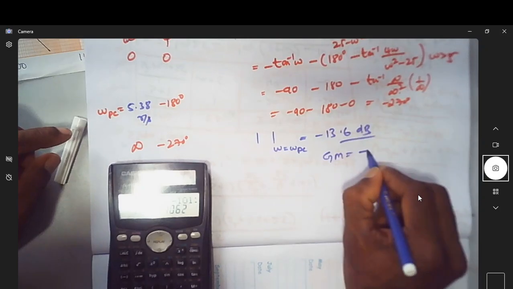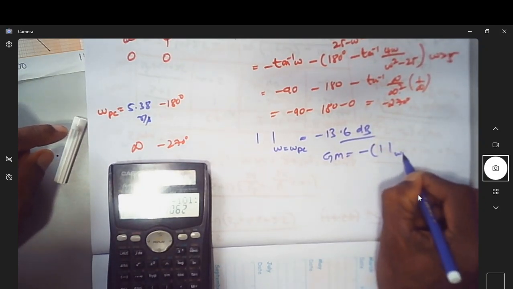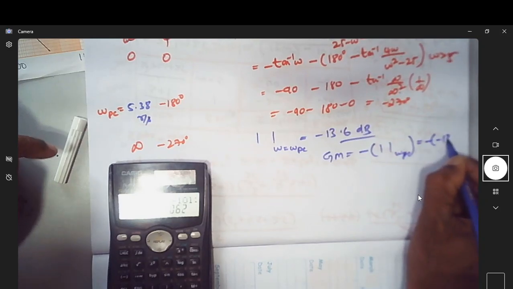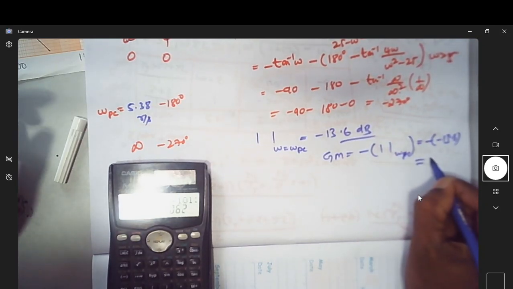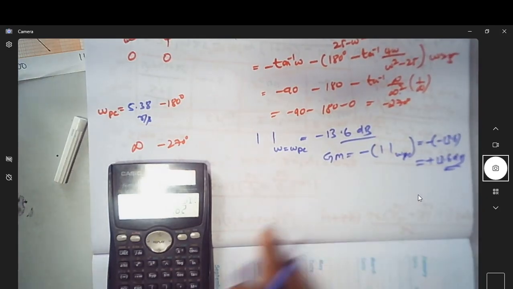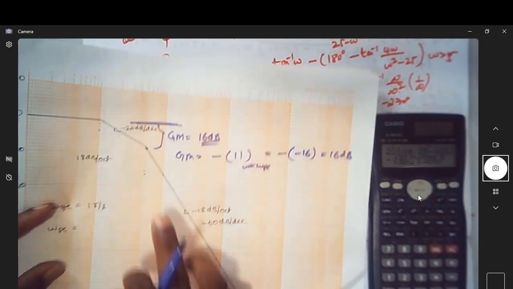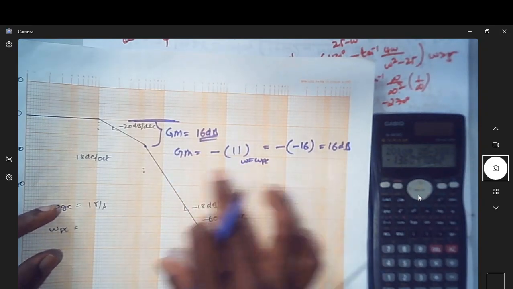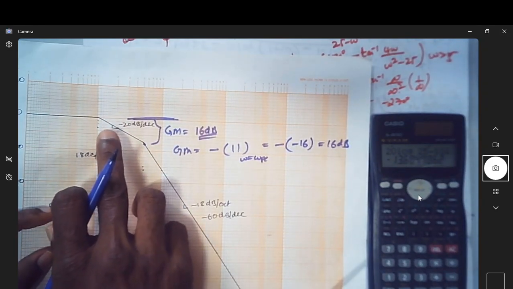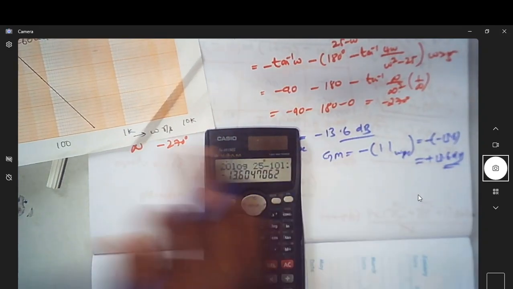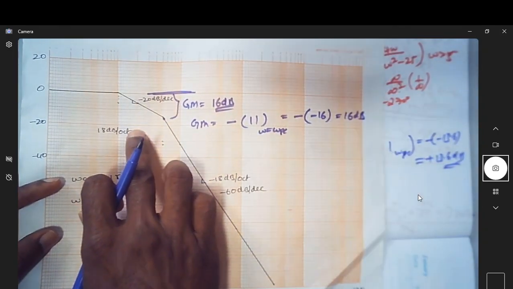Gain margin is the negative of the magnitude at omega PC, which is minus of minus 13.6, which is plus 13.6 dBs. This is okay. This small variation here, this is not exactly 16, maybe slightly less than 16, maybe 15 dBs. This is an asymptotic plot. This is an approximate plot.